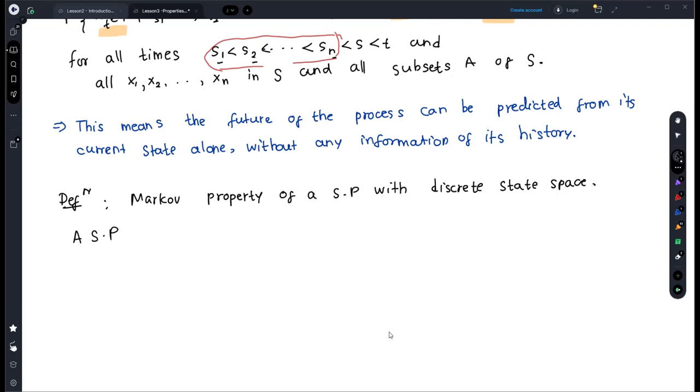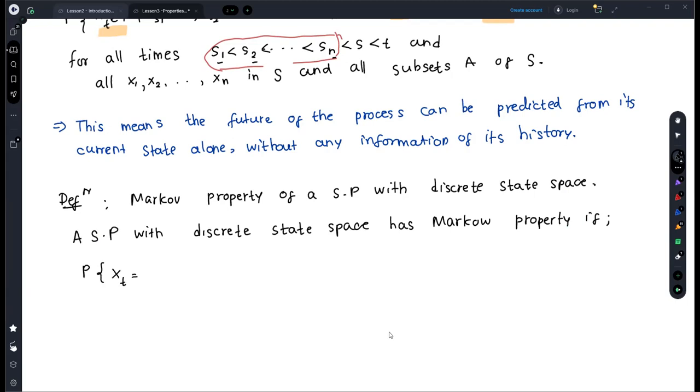A stochastic process with discrete state space has the Markov property if, now your state space is a discrete one, right?